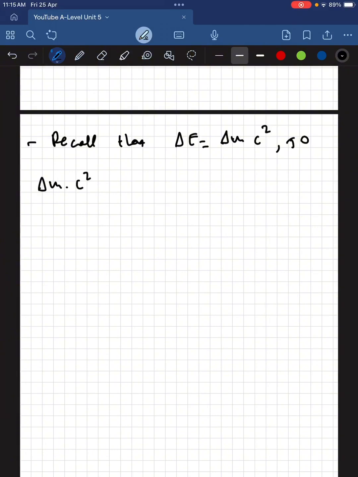So the mass deficit times C squared is the energy. So it's some form of energy, right? So what kind of energy is that? It is the energy needed to create the nucleus, okay?